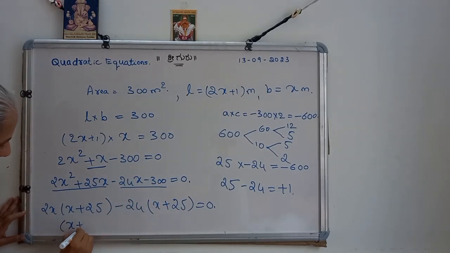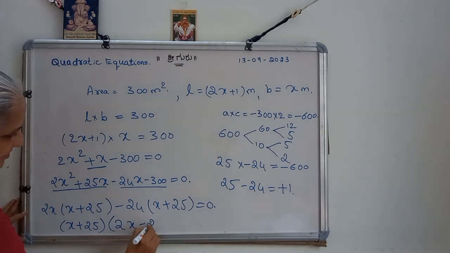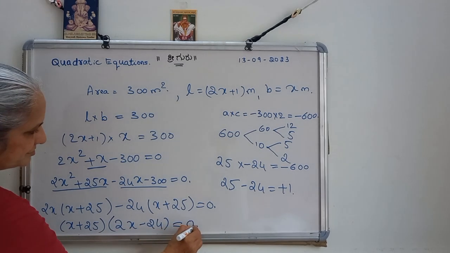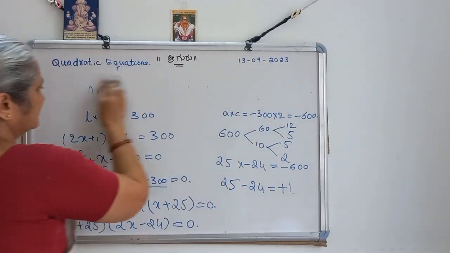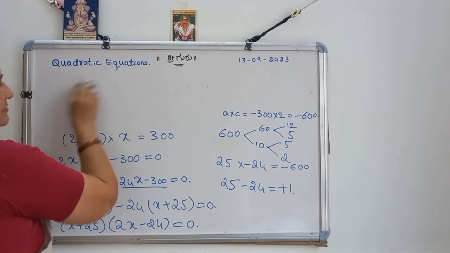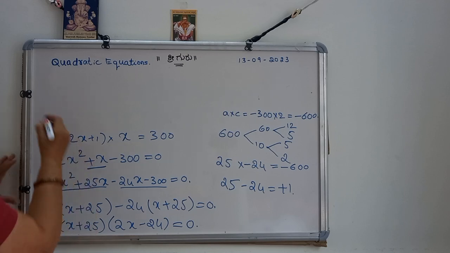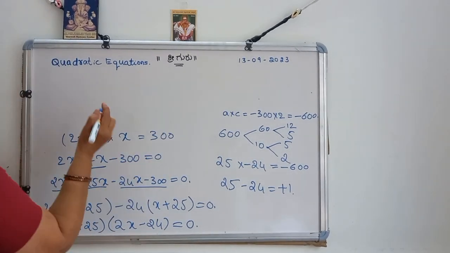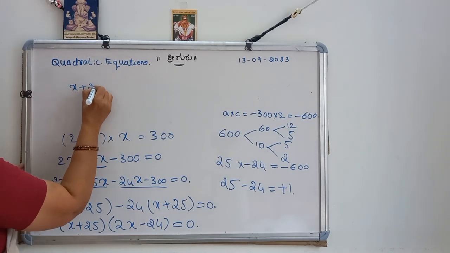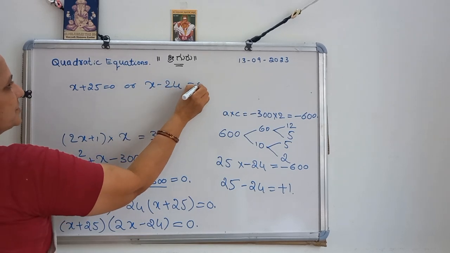Then x plus 25 is the common factor between these two terms. We are left with 2x minus 24 is equal to 0. Now by equating the linear factors to 0, x plus 25 is equal to 0 or x minus 24 is equal to 0.